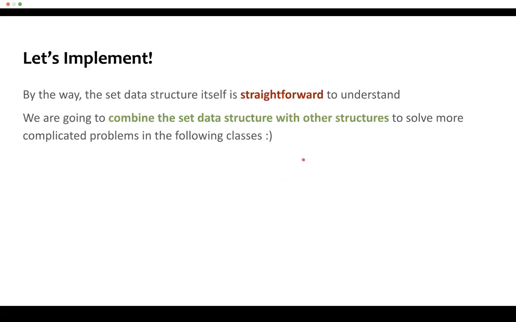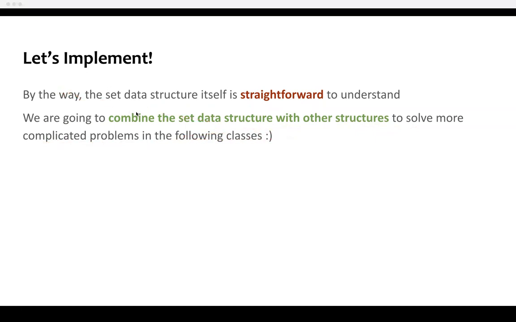From now on, we are going to implement set. However, the set data structure itself is, as I told you in the beginning of this class, very straightforward and easy to understand. And we are going to combine the set data structure with other structures later in this course to solve more complicated problems in the following classes, all right?